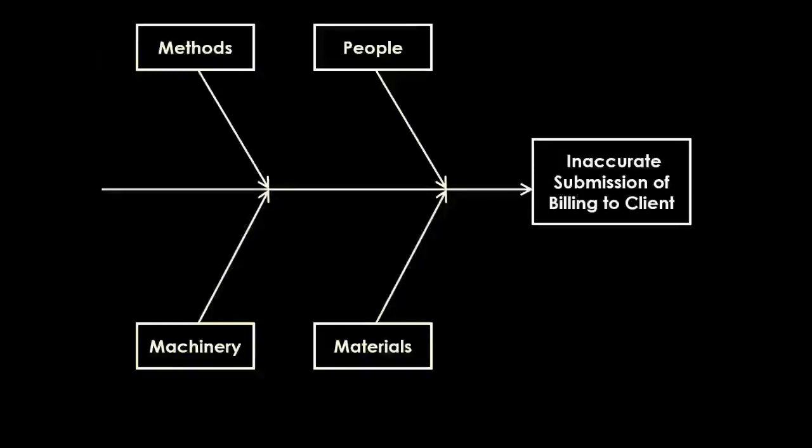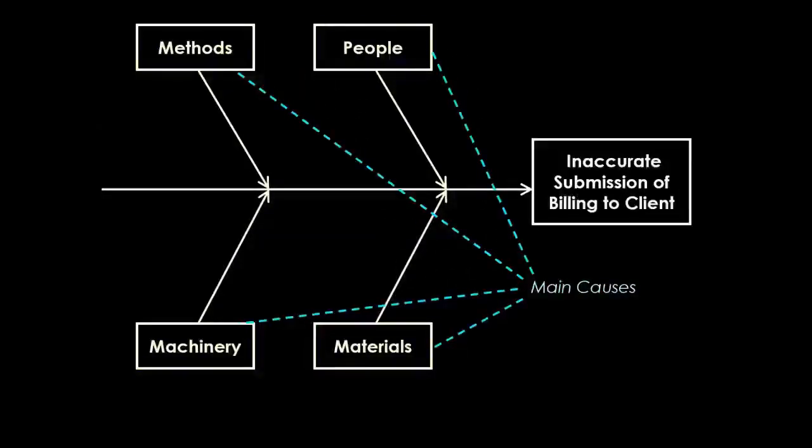They have put the identified issues and causes into four baskets. Generally, some causes are related to the people, some to the method, some to the machinery, and some to the materials. Those are the main causes.